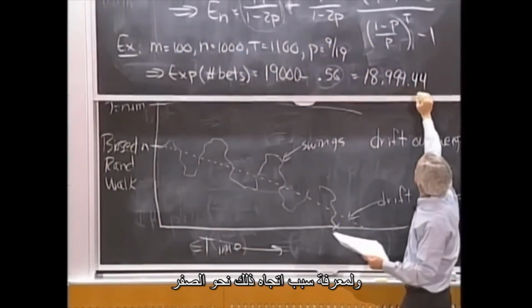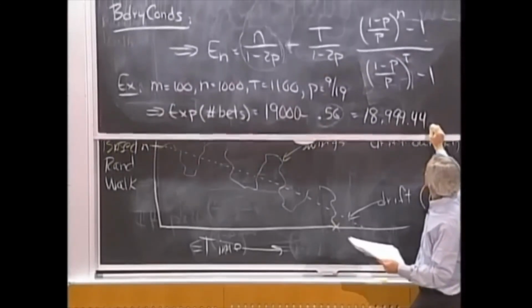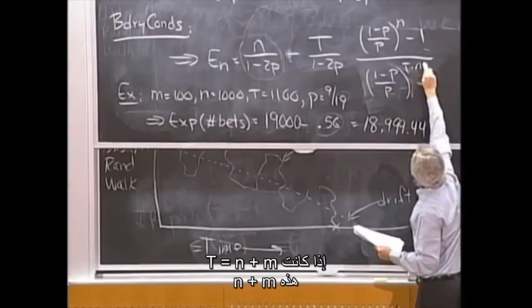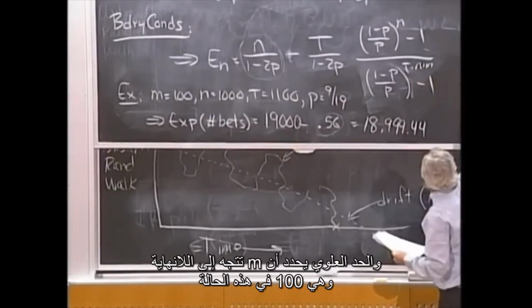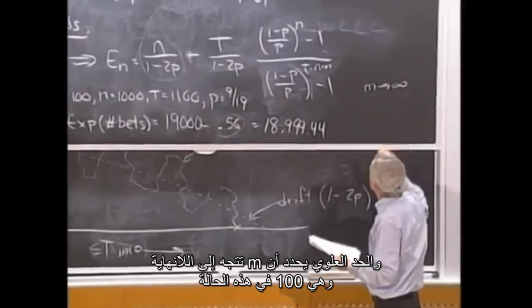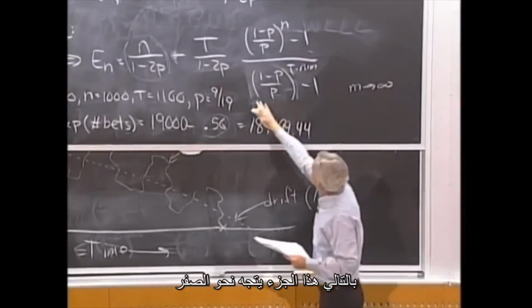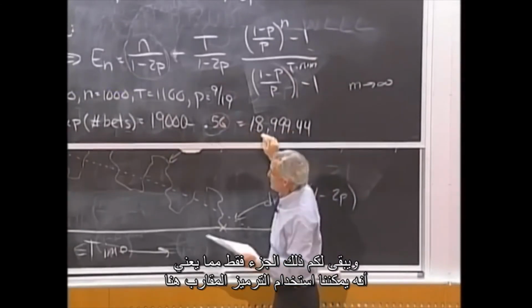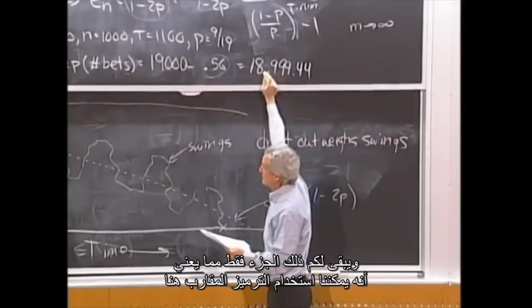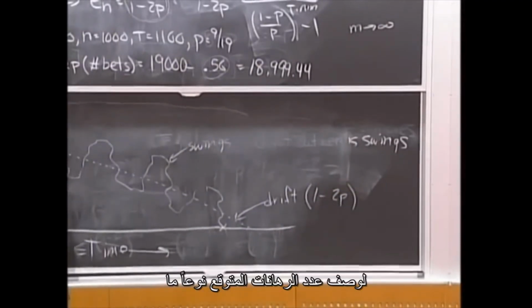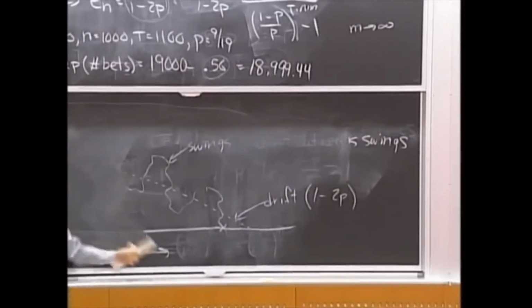Now to see why this goes to 0, if t equals n plus m, and your upper limit m goes to infinity, it's 100 in this case, then that just zooms to 0. And you're only left with that, which means that we can use asymptotic notation here to characterize the expected number of bets.